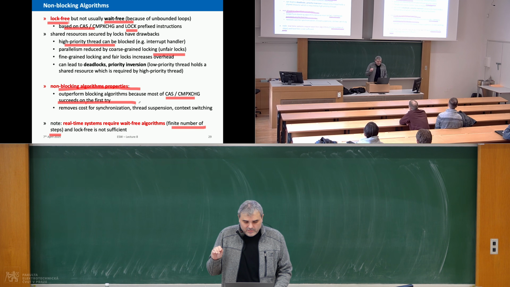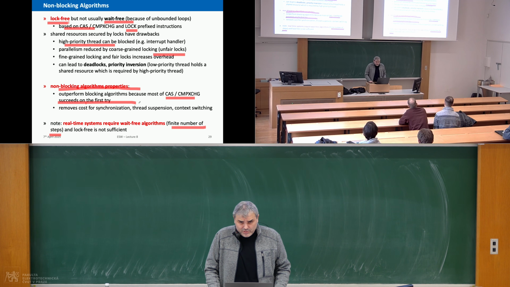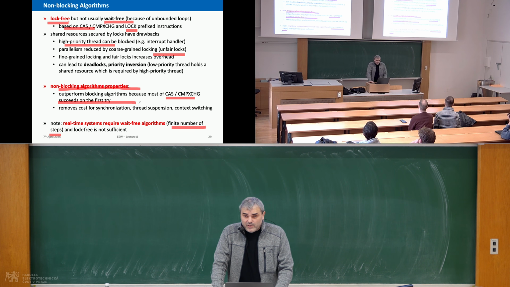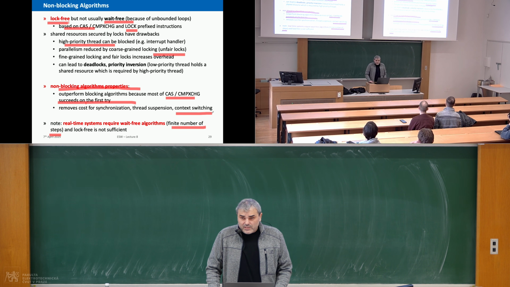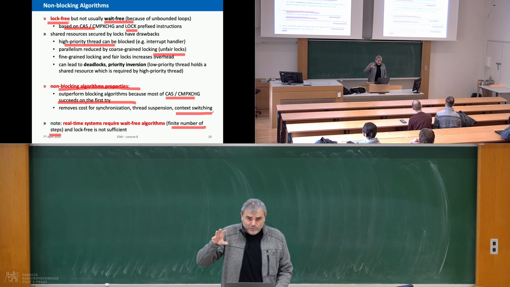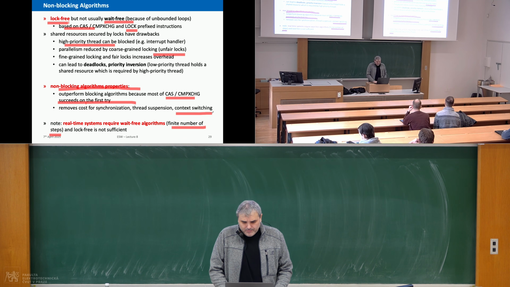If there are two threads at the very same position of the code, okay, one of them repeats. That's it. So it removes the cost of synchronization, thread suspension, and even more complex context switching, scheduling the thread out of execution, running something else, then putting it back.